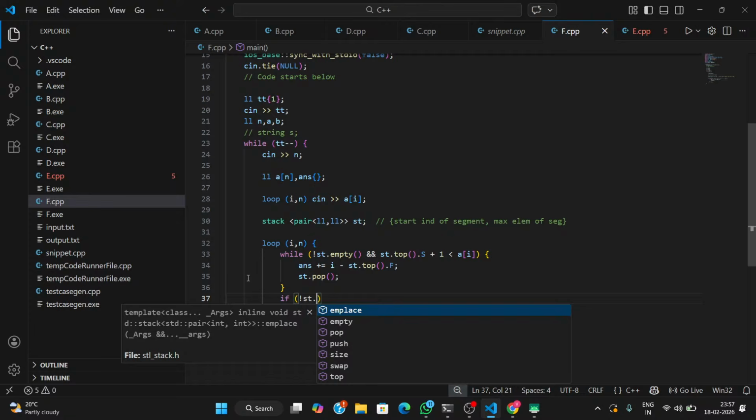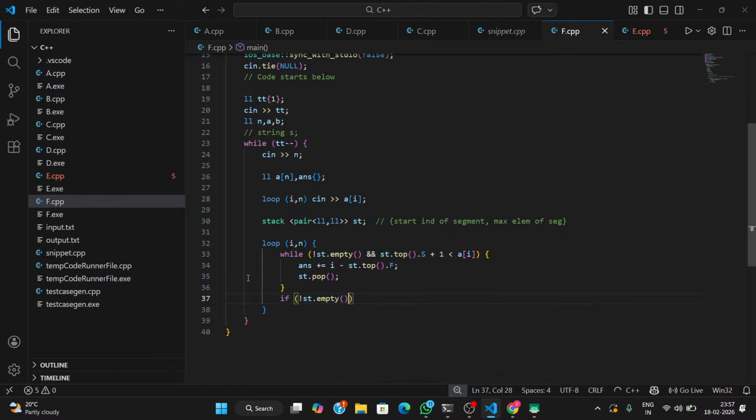If stack is not empty and the second element is equal to A[i], then we will need to update our last segment's maximum element, as it is updating to A[i] now.